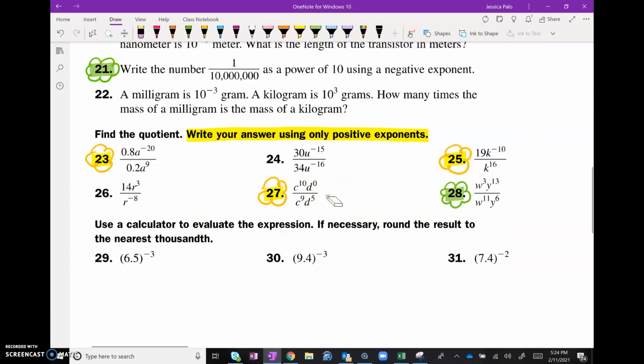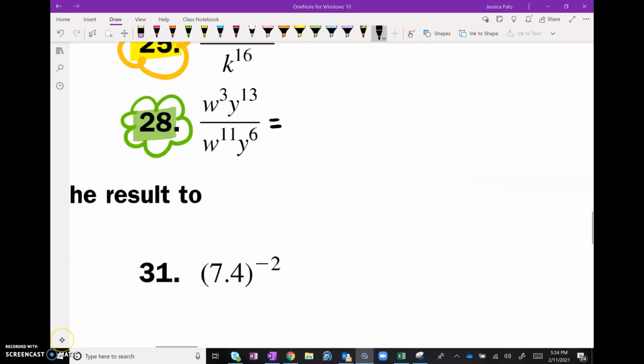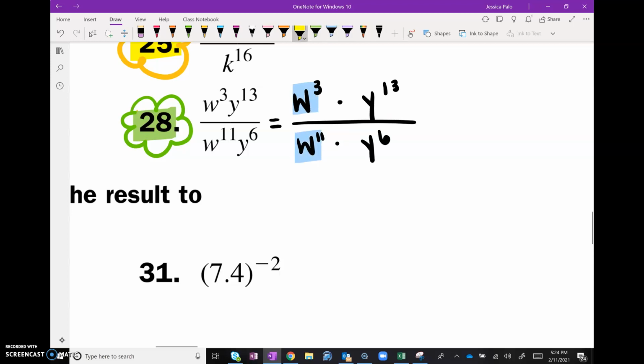And our last problem, number 28. Write your answer using only positive exponents. Let's see what you got. For number 28, let's make this easier to look at by separating all of our factors with multiplication signs. We have W's and we have Y's.